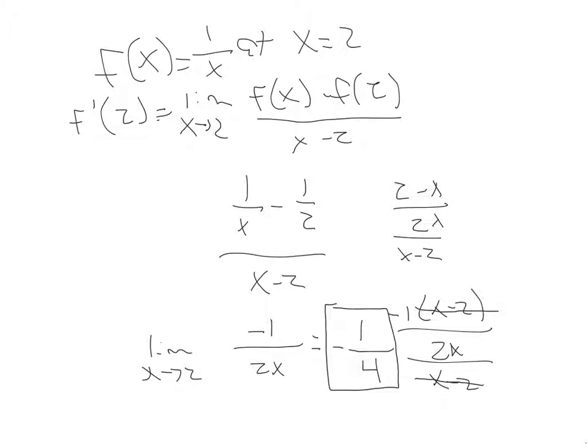And f prime of 2 still gives me that negative 1/4. So you've got a choice to make now. You've got an option when we're trying to find the derivative of a function at a point. You can use the original definition, find the derivative of the curve, find the slope of the curve, and then evaluate it. Or you can use the alternate definition that takes you directly to that particular point and what your derivative is equal to.